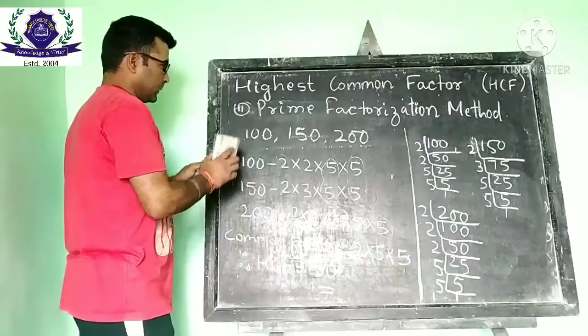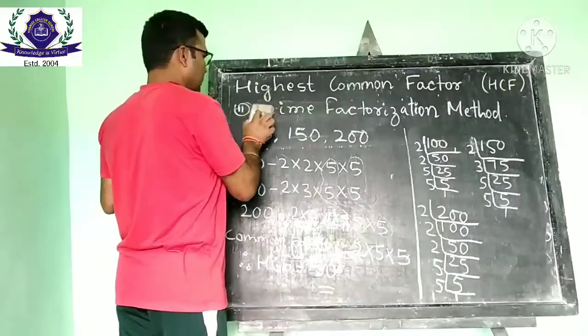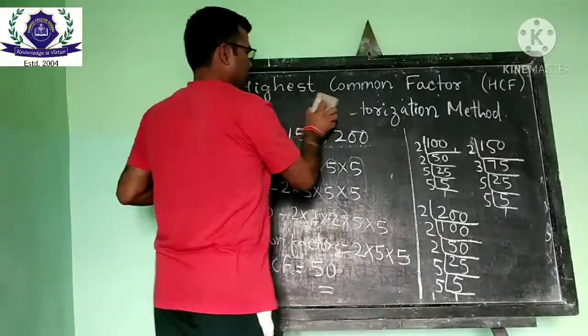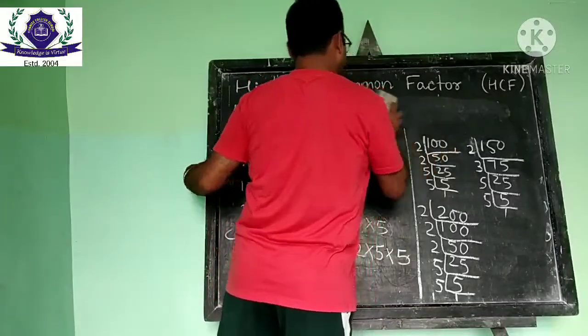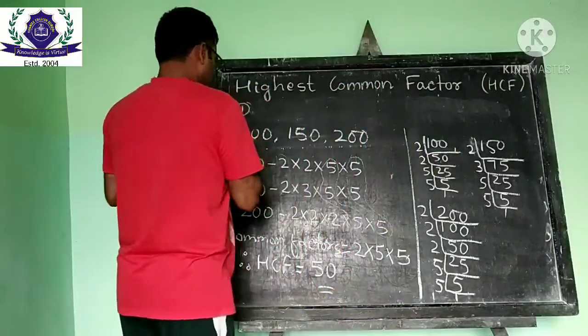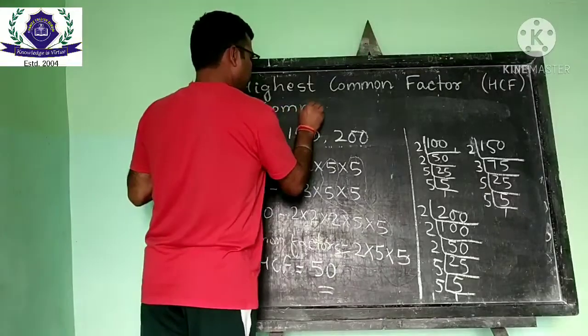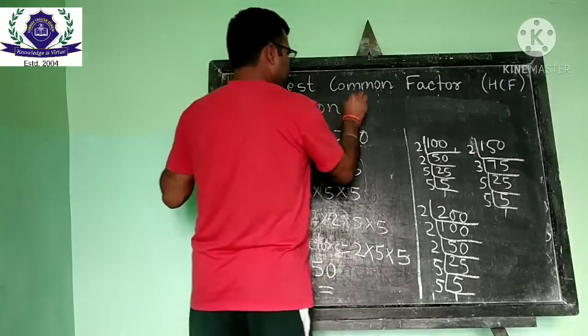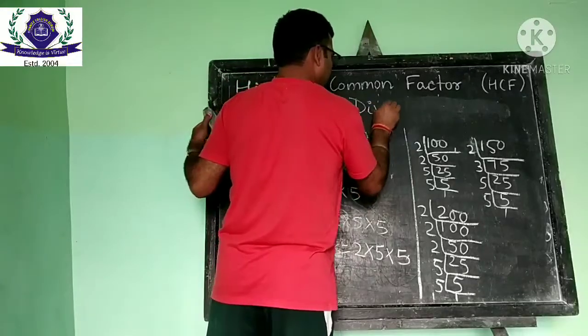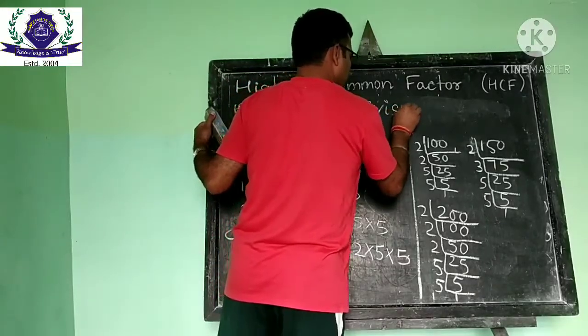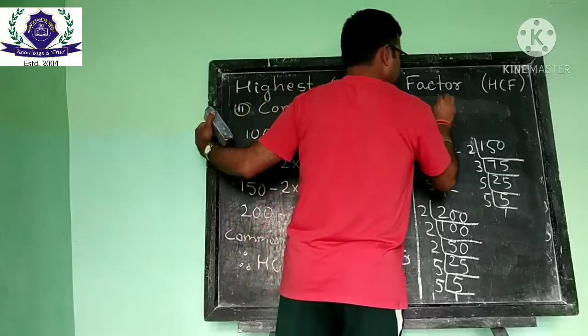Now the third method is the common division method. The third method to find HCF is the common division method.